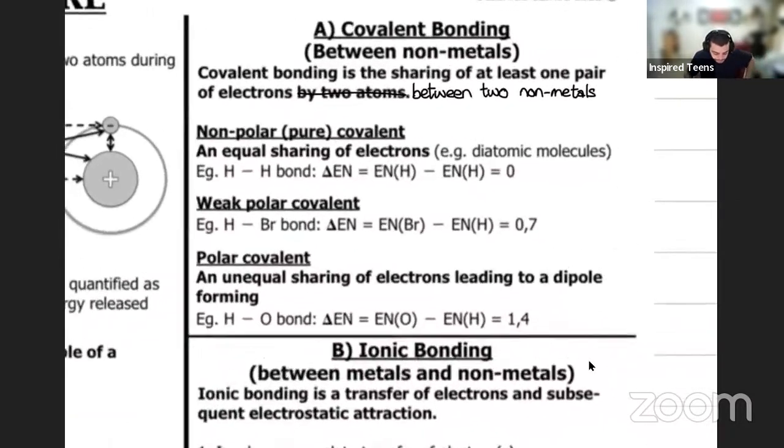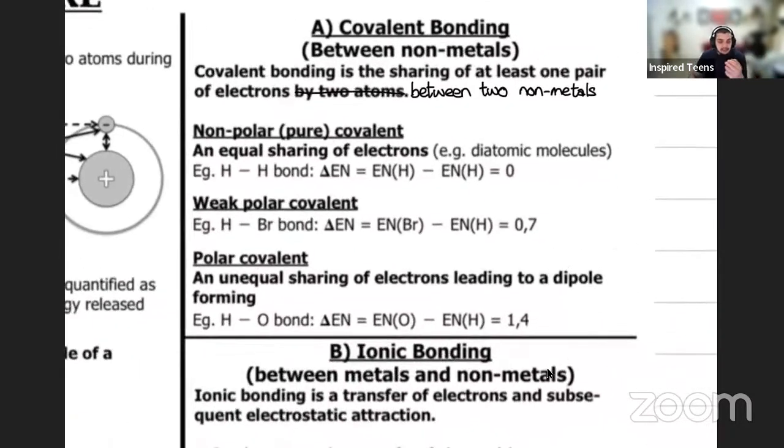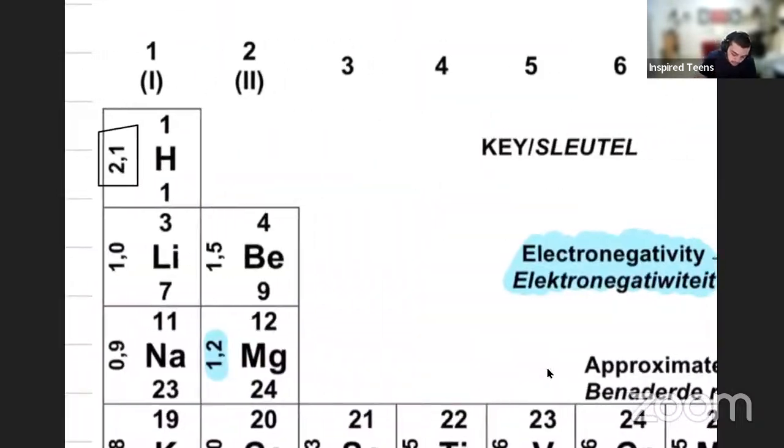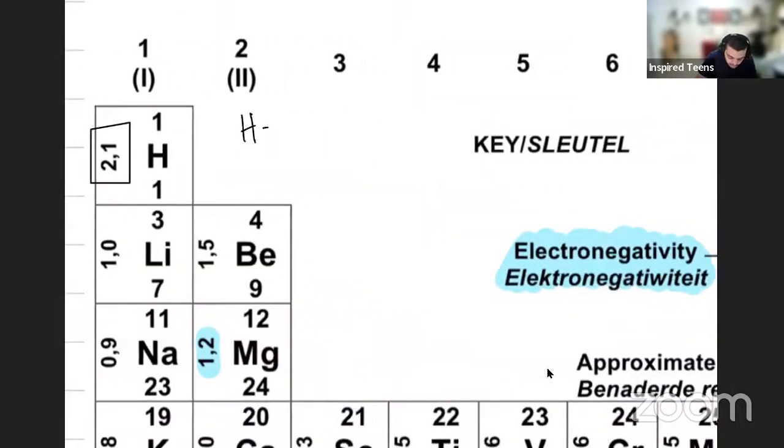So yes, an obvious example of this is diatomic molecules, because for a bond to be non-polar, the electronegativity difference would need to be 0. If you're working with two of the same elements, for example hydrogen and hydrogen, this is a diatomic element, H2.